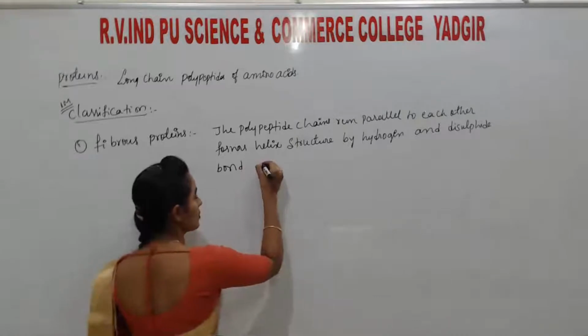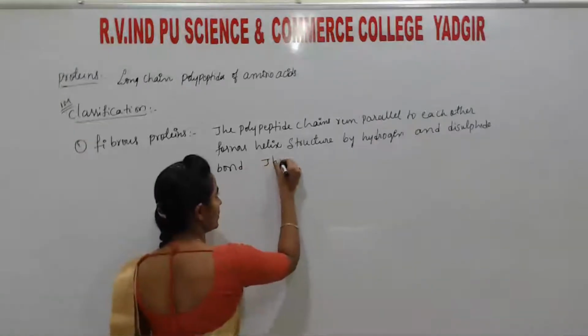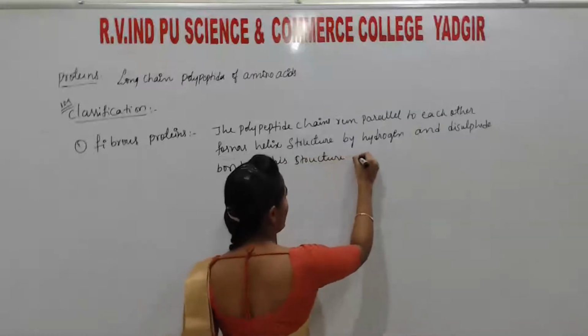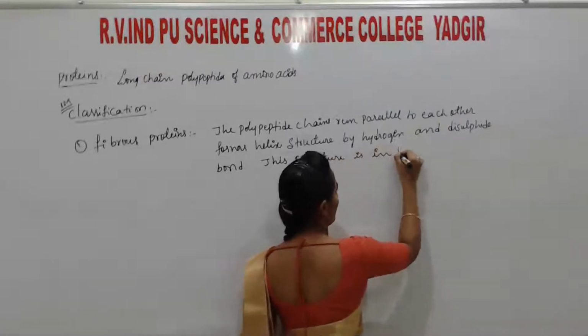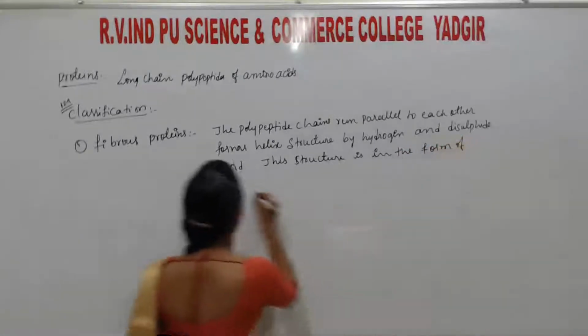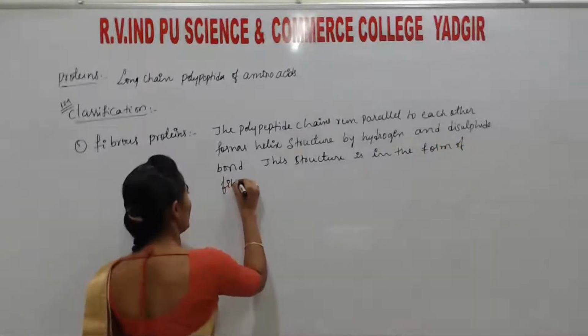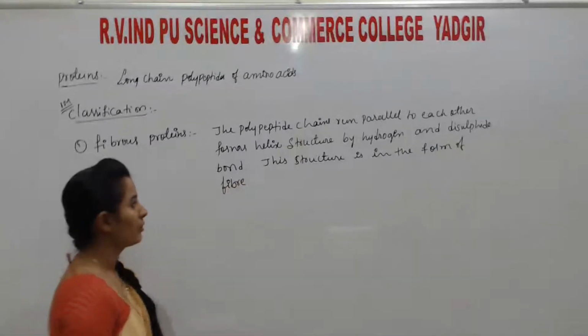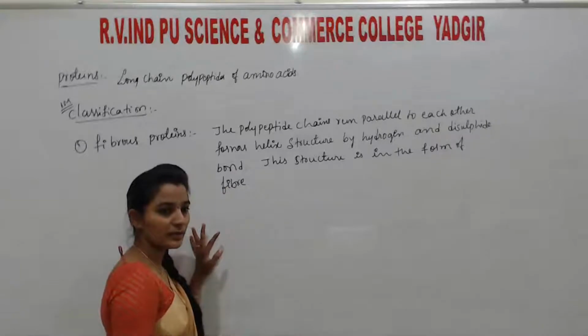So this structure is in the form of fiber. The structure is in the form of fiber, so it is called a fibrous protein.